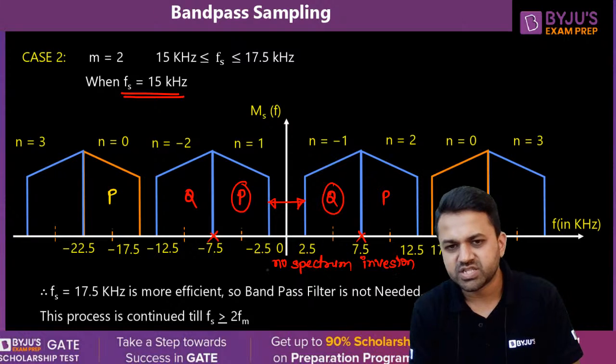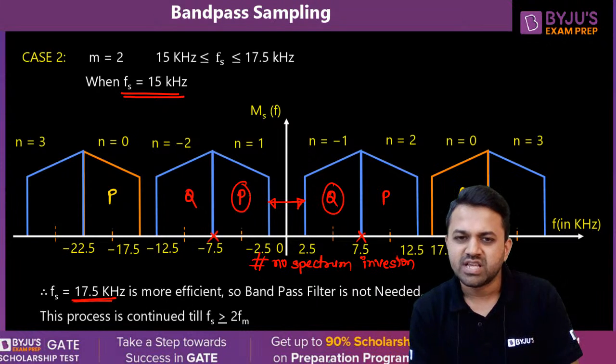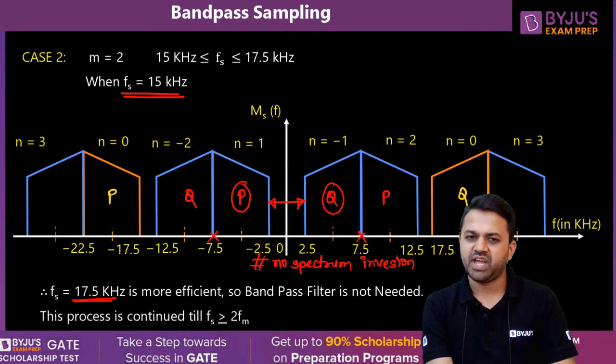Okay, and Fs equal to 17.5 is more efficient because there was no gap between P and Q. Here we have to use the low pass filter with cutoff frequency 7.5, which is not utilizing the bandwidth or the range of frequency properly.